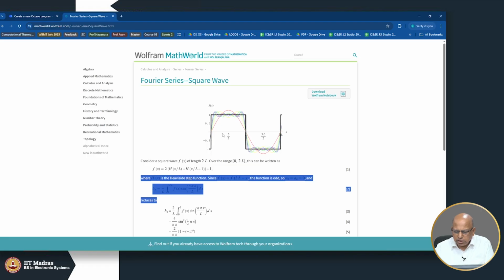So, 3 times means in this same period you can accommodate 3 sine waves. Then another one with 5 of these sinusoidal waveforms and so on, only their amplitudes will be smaller.